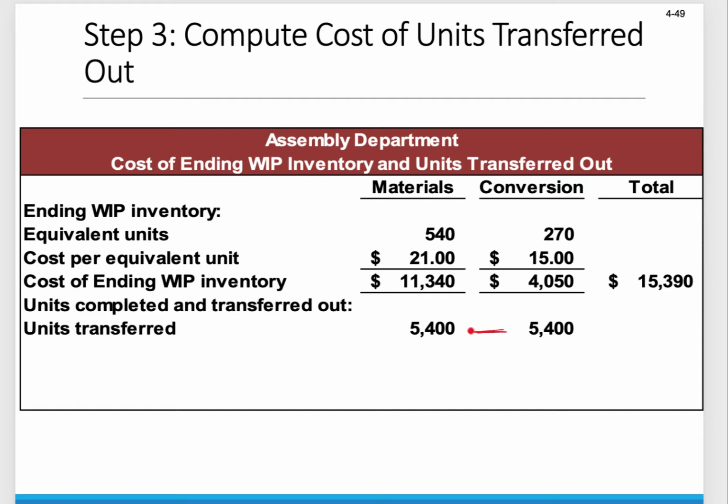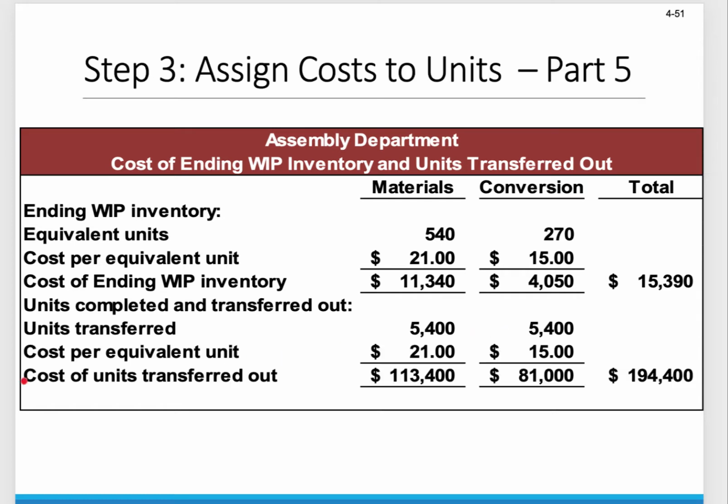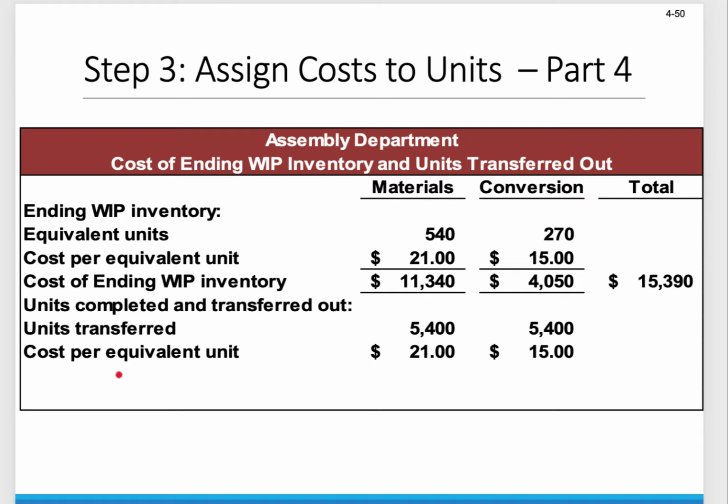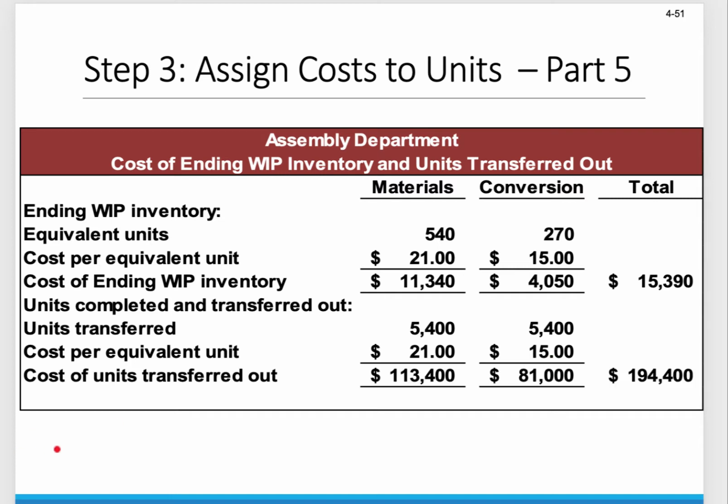Next thing we need to do is to plug in that cost per equivalent unit. Well, it's $21 with respect to material, $15 with respect to conversion costs. We need to multiply those up.